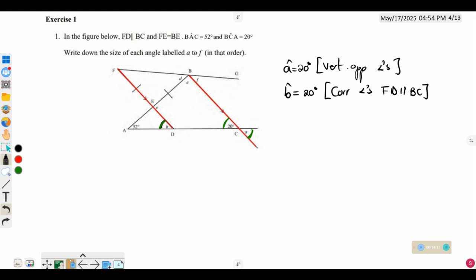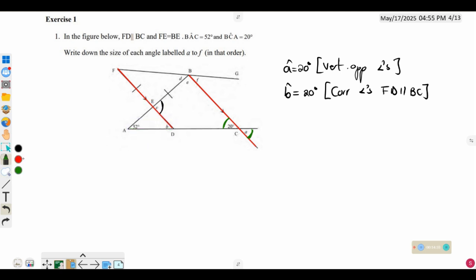Right, and then let's find C. Where's C? C is that angle right there. Remember now, if you look at C, it looks like it's not related to anything, but it is. The exterior angle of a triangle is equal to the sum of the two interior opposite angles. So these two right here will give us C when summed up.